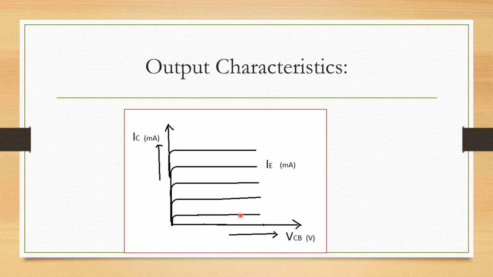So still it is almost the same, and a very minute change is observed over here. So what we can say, there is a small change in collector current even at a large change of VCB, and this means that the output resistance of the circuit is very high. So this is about output characteristics.